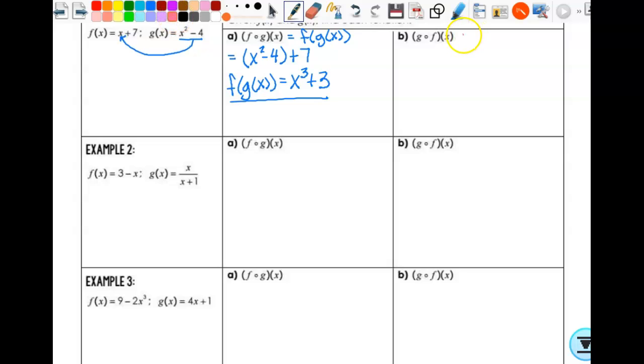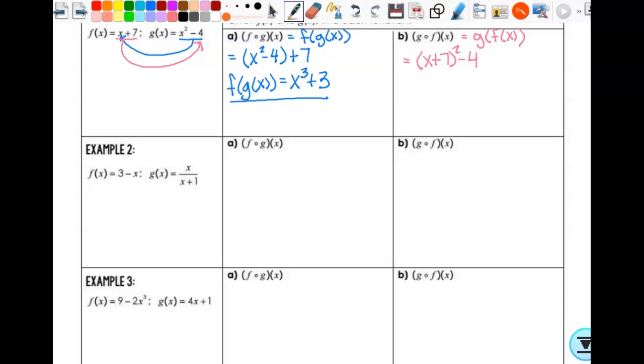Then here we have g of f of x. That means now I'm going to take f and put it into g. So this is equal to x plus 7 squared minus 4. Tell me what x plus 7 squared is not.